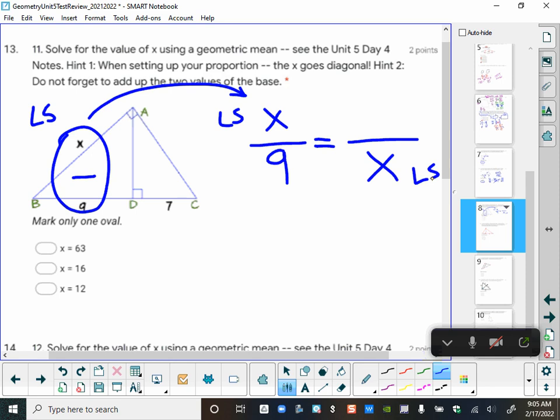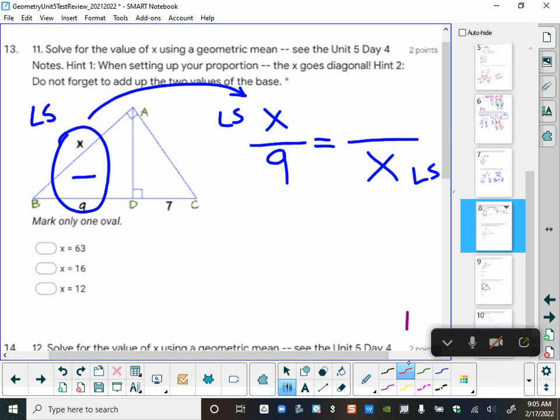Now the last part. What goes here? Not 7. Something else goes there. Well, what do we have to do with our two bases? Anybody remember?